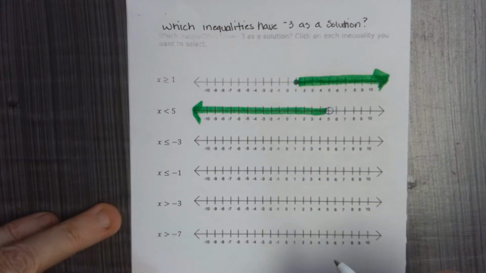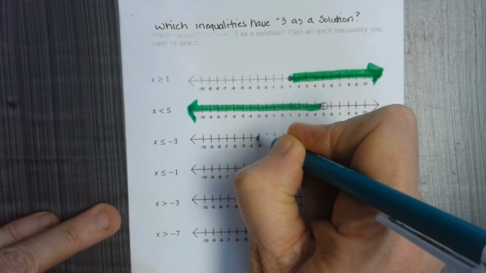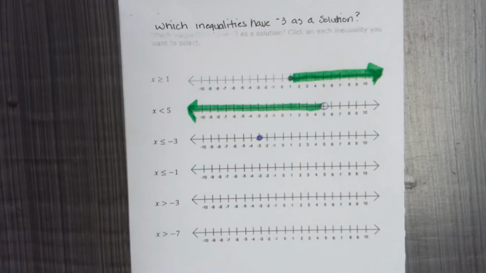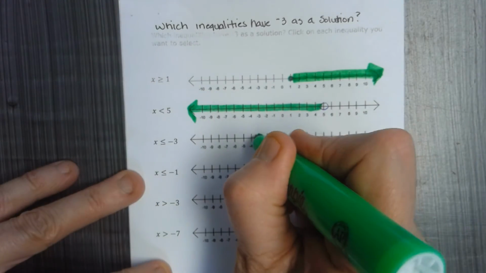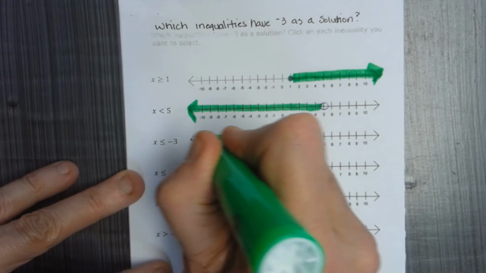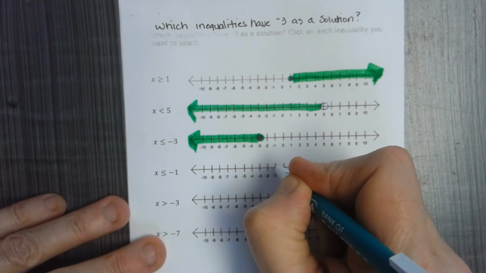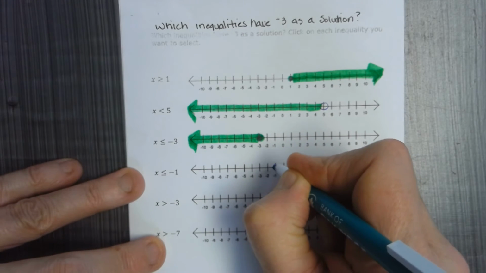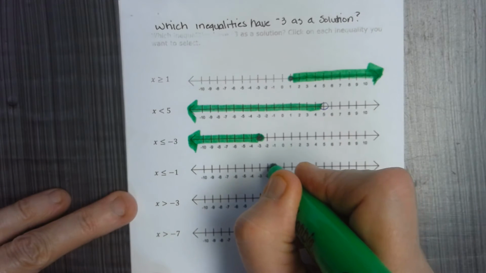X less than or equal to negative 3 is going to be a closed circle on negative 3 because the solution includes it, and we're going to shade to the left. X less than or equal to negative 1 is a closed circle. Shade to the left.